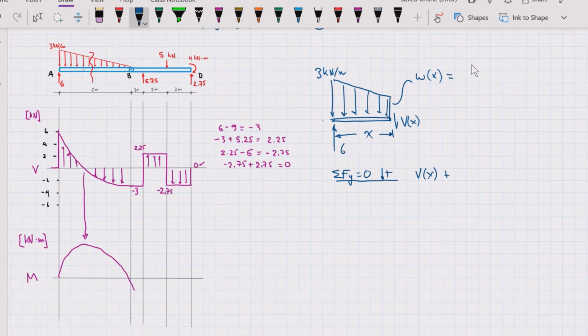So the equation is 3 minus 3 over 6, which is 1/2, times x. That's it. The equation of W of x is 3 intercept and minus a slope of 3 over 6, which is 1/2 x. That's the equation. So now we need this force.